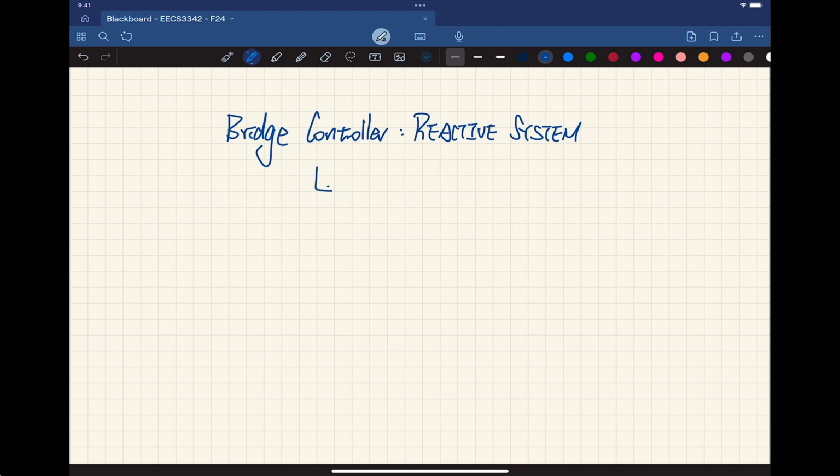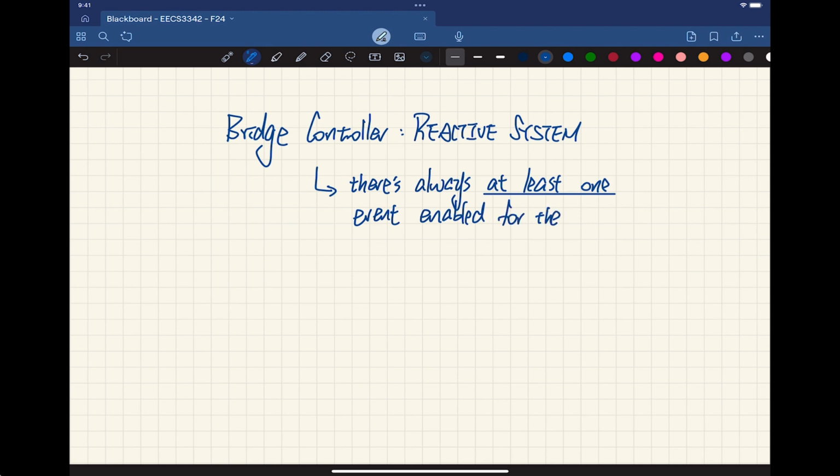There is always at least one event enabled for the system to progress. This is a very important conceptual idea for you to remember.